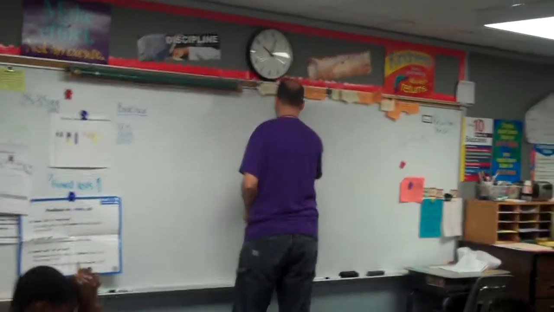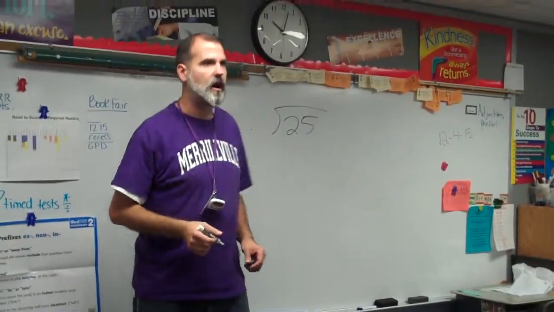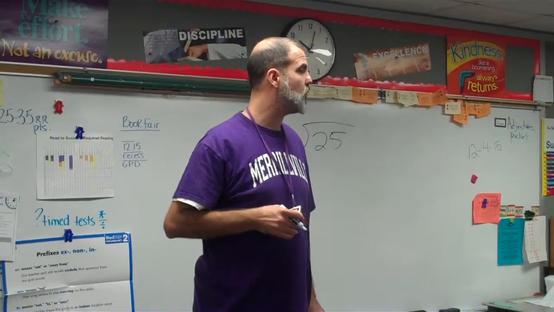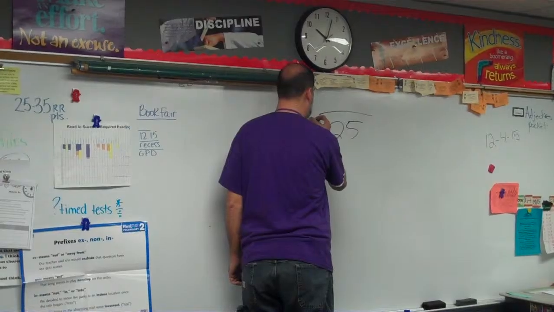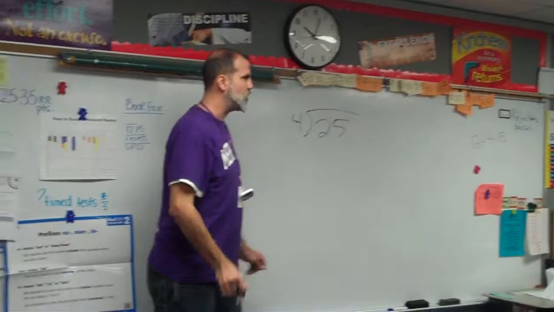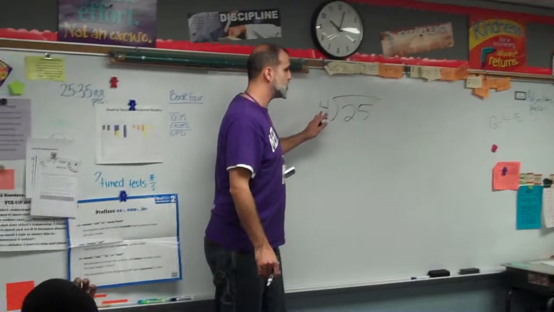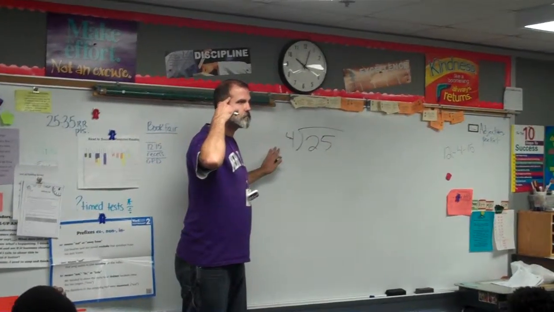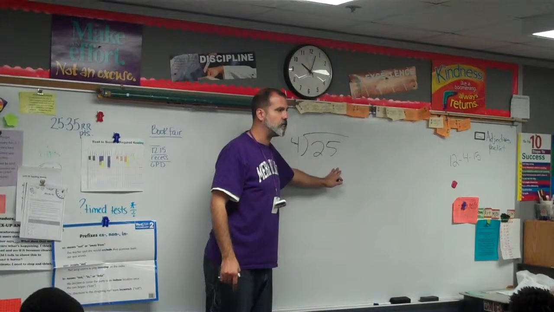If I have 25 pieces of candy for my well-behaved students, I want to divide by 4, so I put 25 in the dividend. My divisor is 4. I'm thinking, 4 times what gets me close to 25?